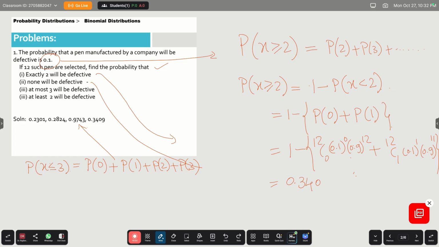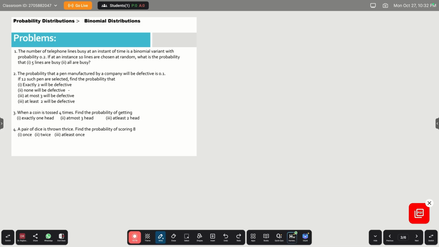The final answer will be 0.3409. So hope you understood the application of binomial distribution, and you can have practice with different examples. I have written some of them.